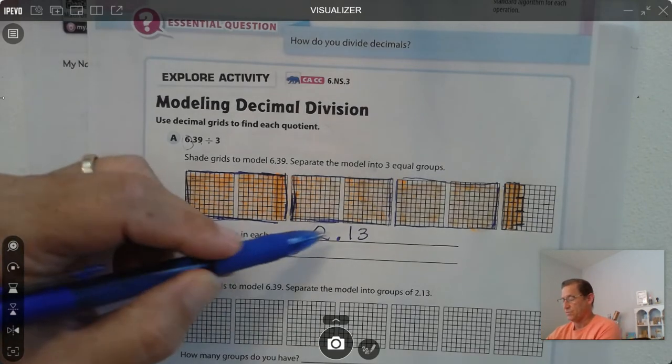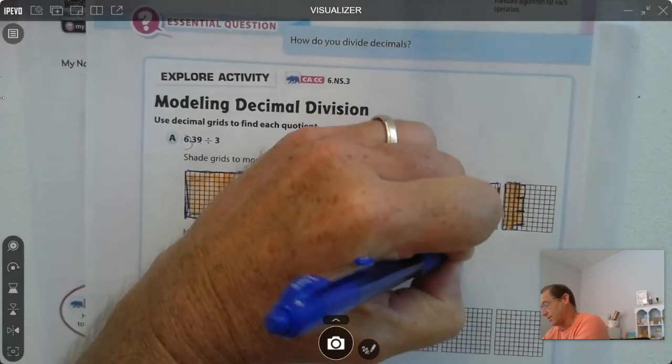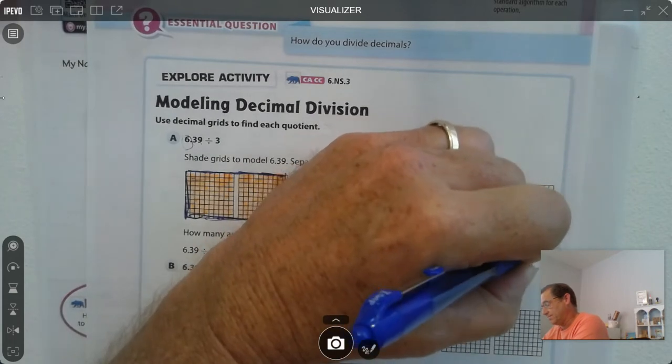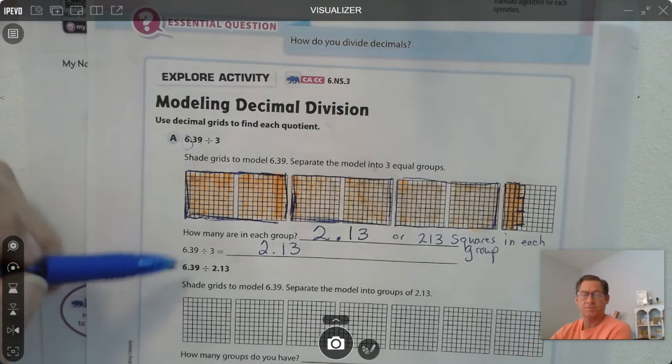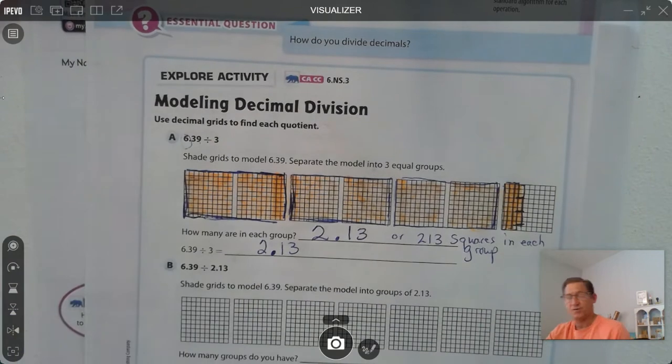So we can say 2 and 13 hundredths, or there's 213 squares in each group.